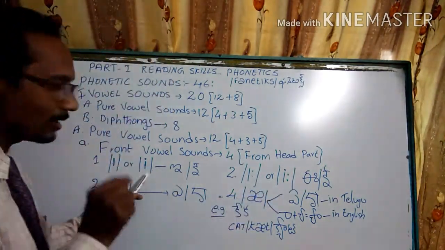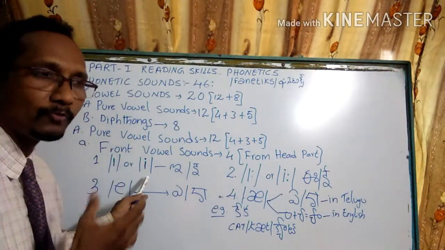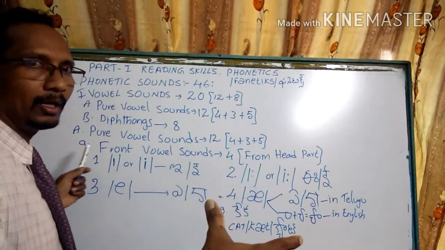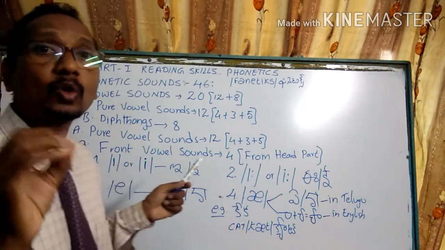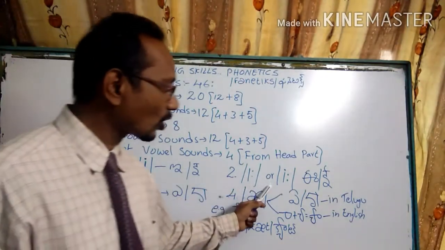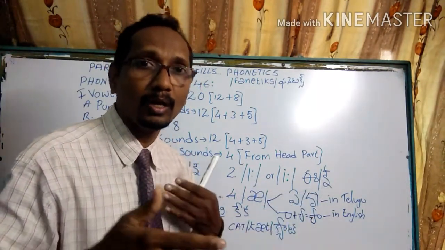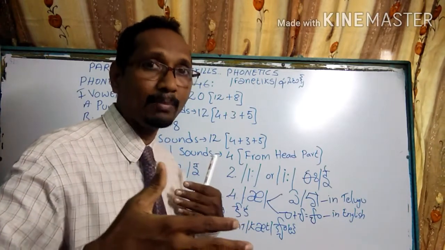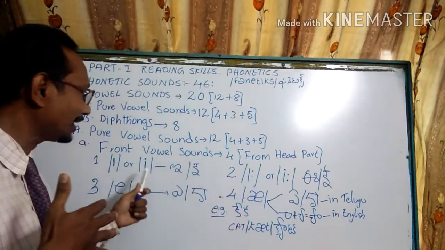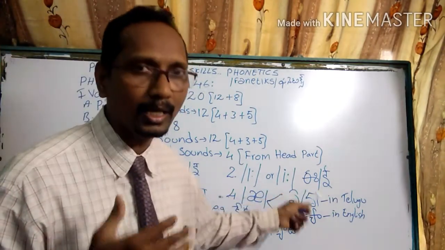So this is a small, we can say it this as a weak form. If you want to make a longer, that is known as a strong form. So this is a weak form is a E, and this is a strong form is a E. So we should call like a taking much time, taking some less time is here, much more than this one we call it as a E.